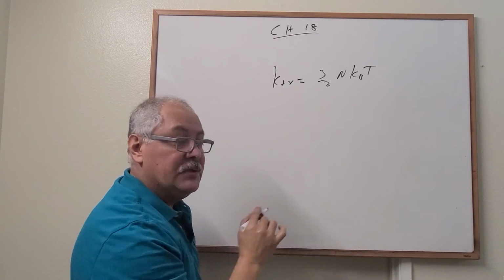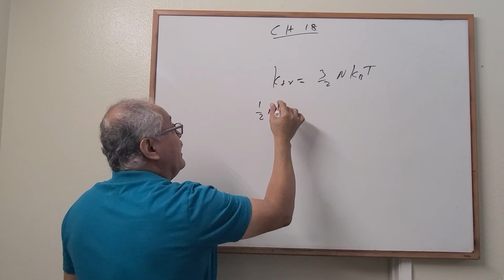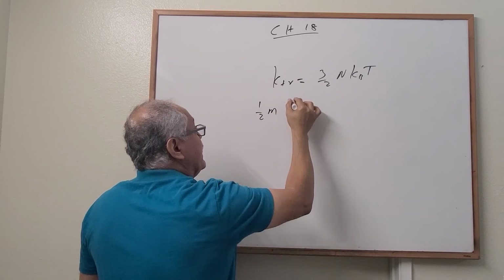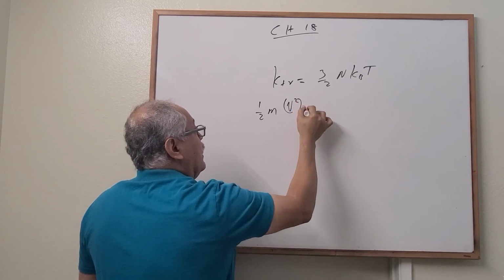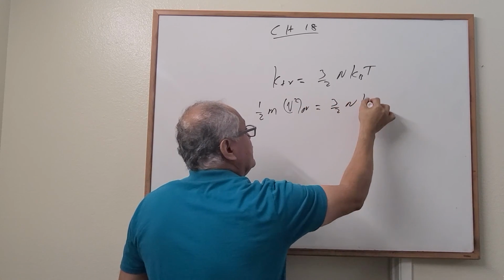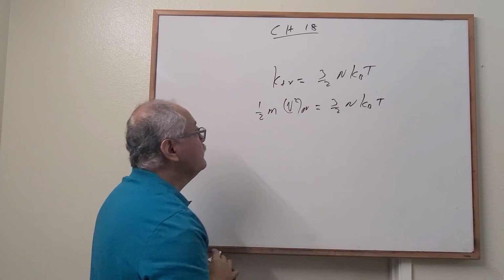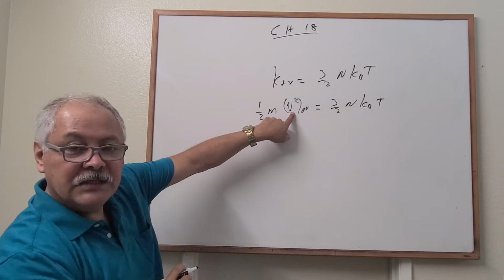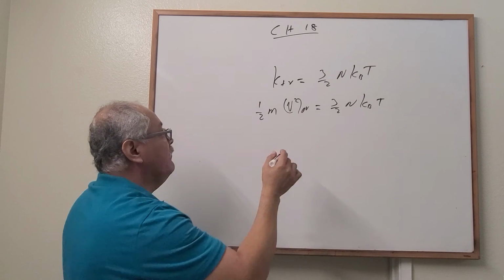Actually, it's the average, remember, so it's equal to 1/2 mass times the average square of the velocity. So that equals 3/2 N k_B T. Now let's solve for this average velocity.